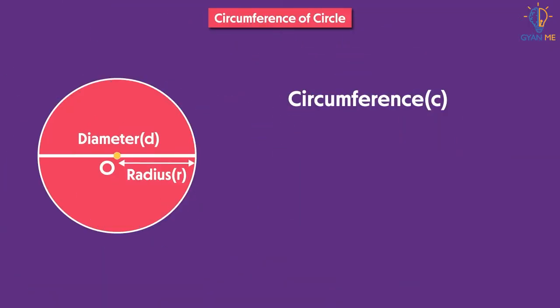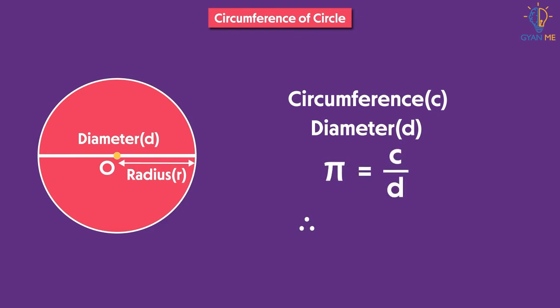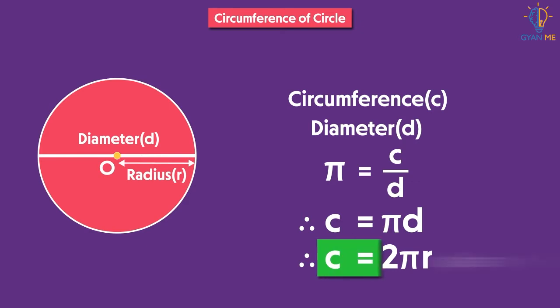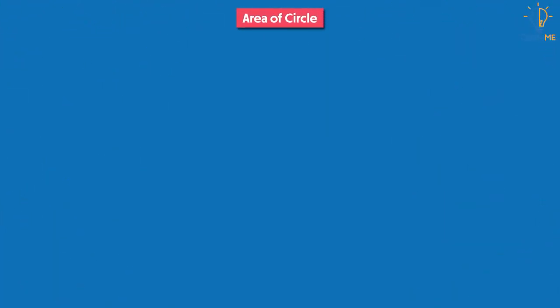Therefore, if c is the circumference or perimeter of the circle and d is the diameter of the circle, then we know that pi is equal to c upon d. Therefore, c is equal to pi into d, which is equal to 2 pi r, as d is equal to 2r.